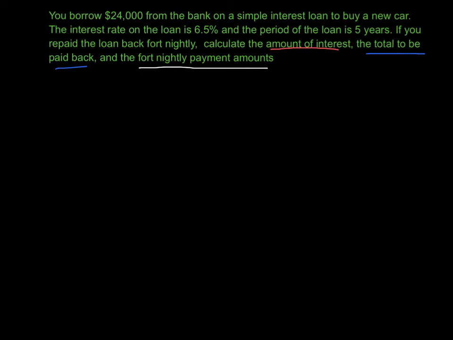For the first one, calculate the amount of interest. Interest is calculated by interest is equal to PRT. So interest is equal to the principal. So the principal is the amount that we start with on the loan, so $24,000. So 24,000 times by the rate.